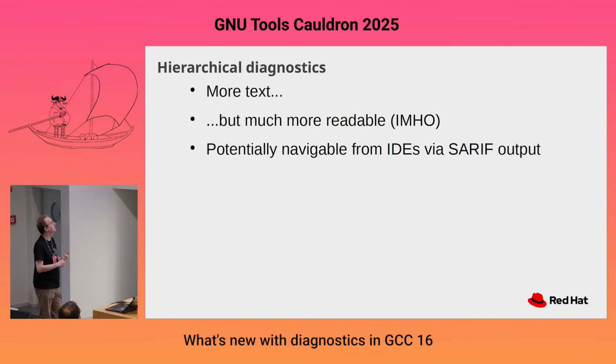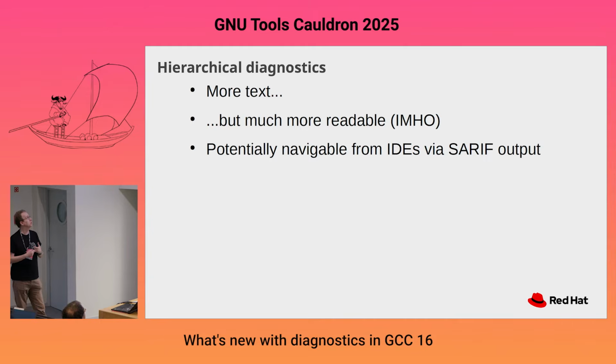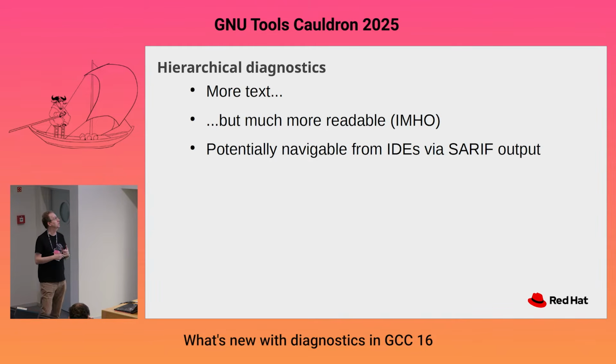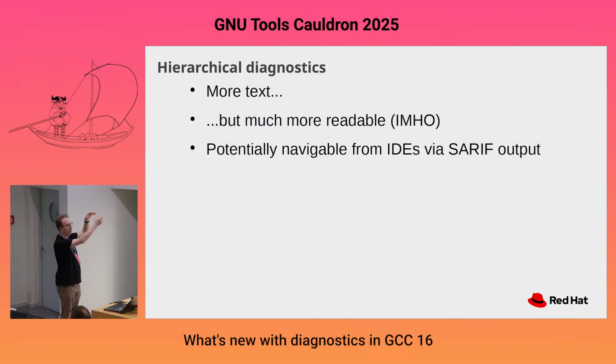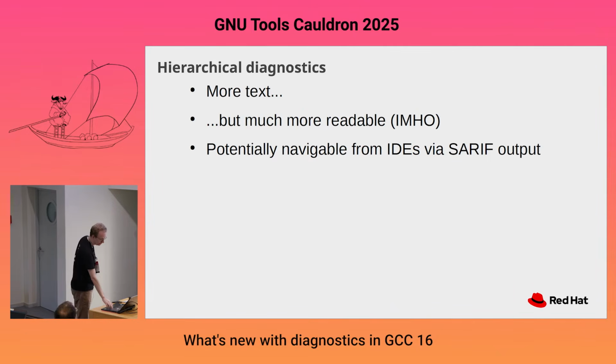And the other thing is, we have machine readable diagnostic output using a format called SARIF, which I'll talk about more later on in the session. The idea is that IDEs can consume this, and that hierarchical structure is serialized into the SARIF so that a viewer can do a UI where you can drill down into what you care about.